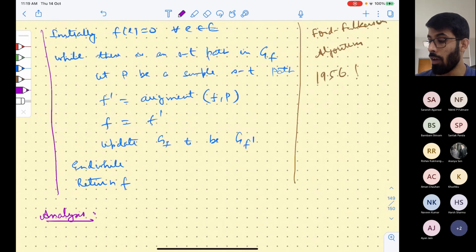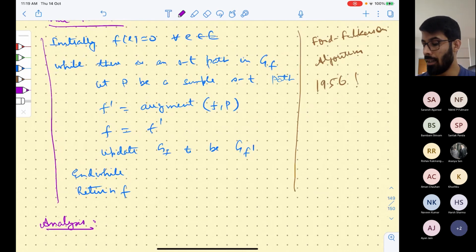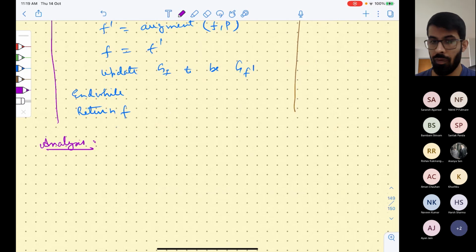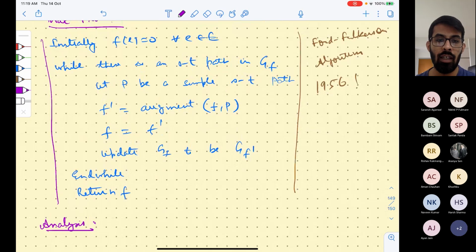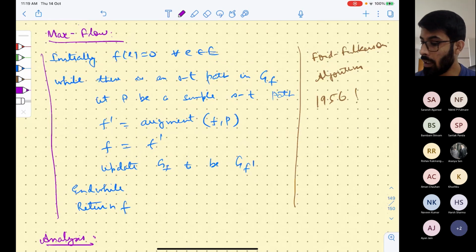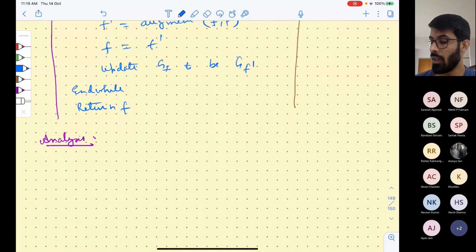So we don't even know why this algorithm should ever stop. Maybe you can keep augmenting, and because of this while condition, maybe there will always be an ST path in GF. Right?